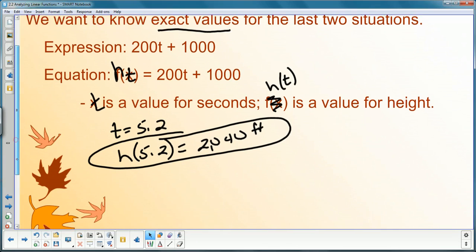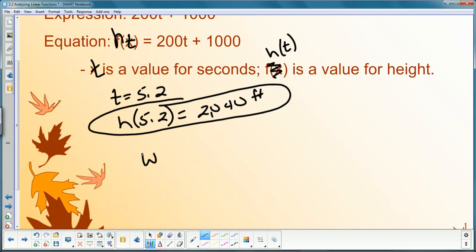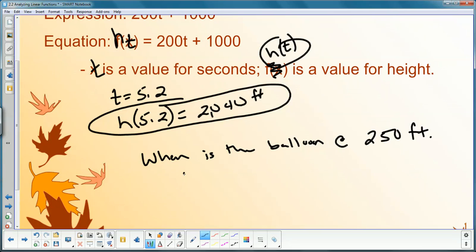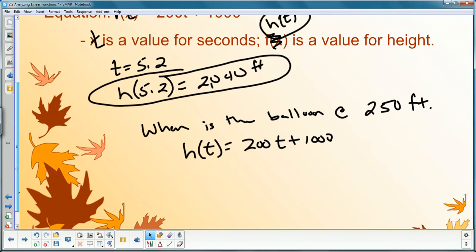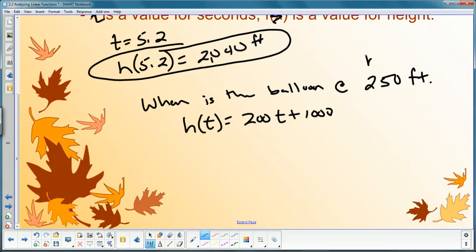Okay, another way we could do this, suppose I asked you, when is the balloon at, let's say, 250 feet? Which means now we are given a value for h of t. So we're going to take our equation, h of t equals 200t plus 1,000, and we need to work backwards this time, because this height is the value for h of t, which means we're going to replace this piece.